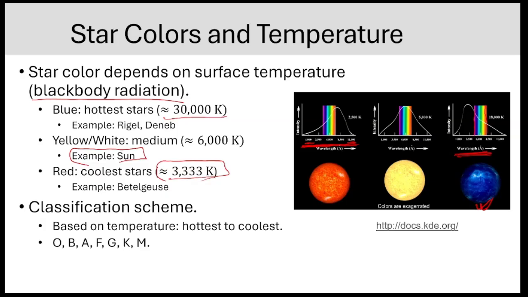An example of a red star is Betelgeuse, and examples of blue stars are Rigel and Deneb. And astronomers classify stars using a sequence OBAFGKM from hottest to coolest star.